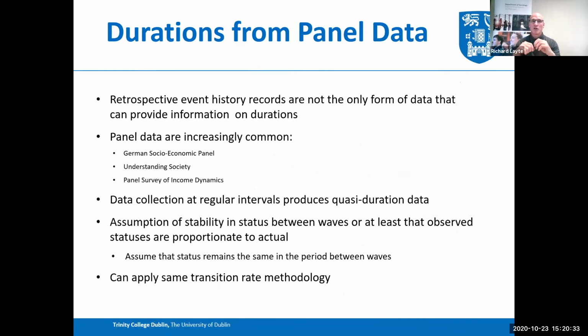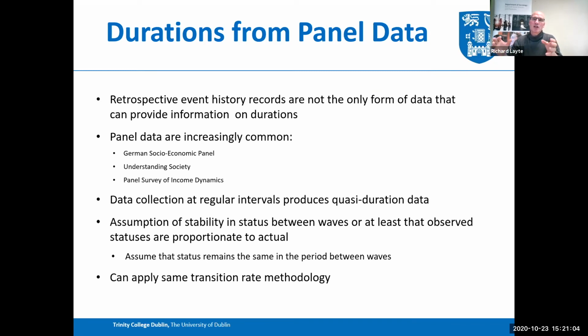Panel data are data which you are collecting from individuals or households or whatever the unit is, at a regular time period, so you're going back to them every year, as in Understanding Society or the German Socioeconomic Panel, or over different time periods. And you can then stack those up together.